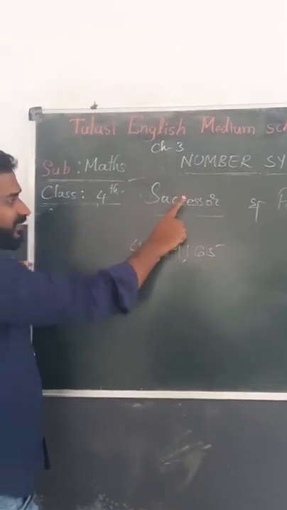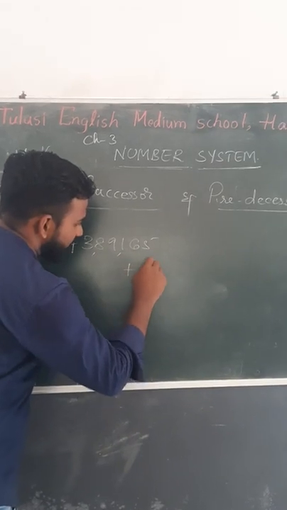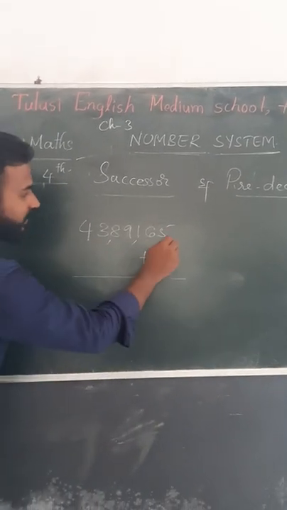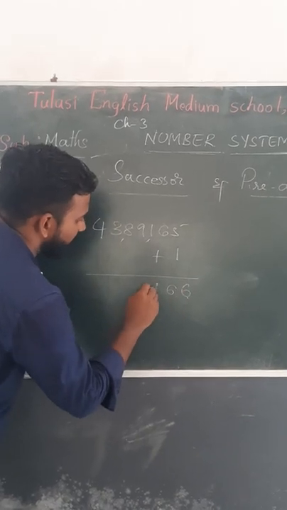While writing the successor of this number, when you add 1 to this, you will get 6 here, remaining same.